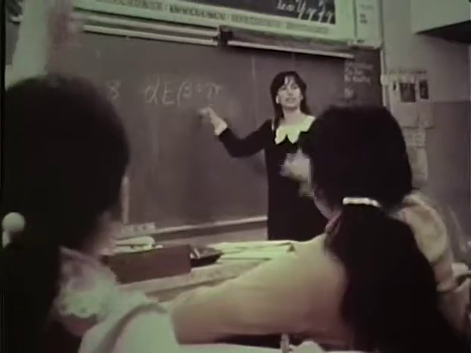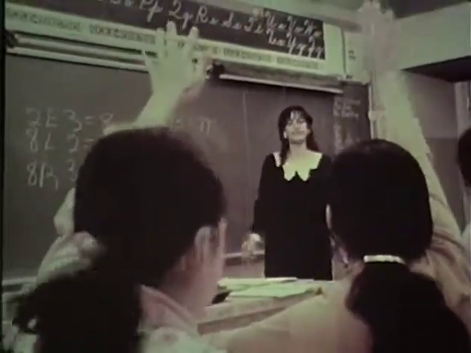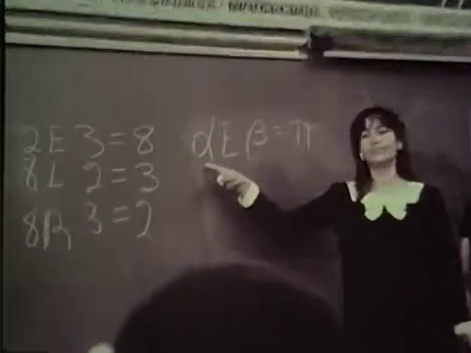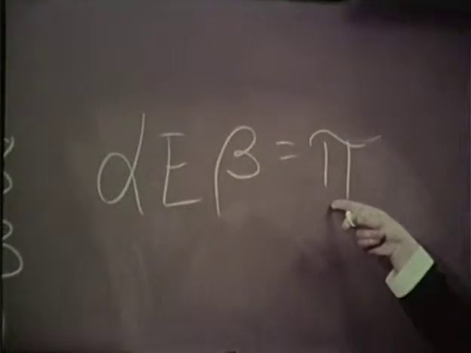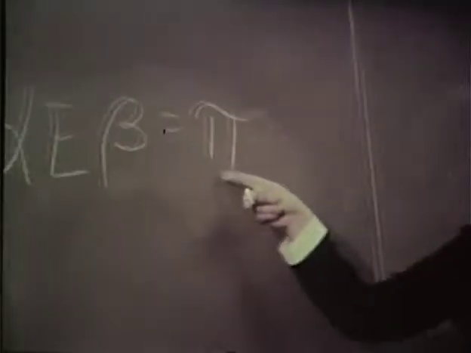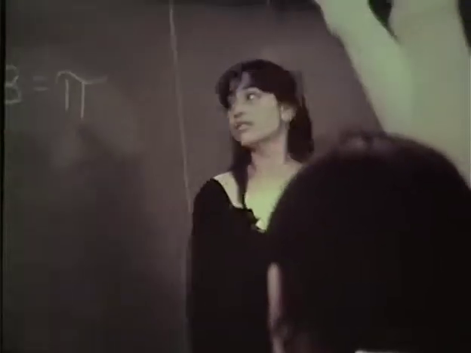I'd like somebody to read this for me, very loudly. Patrick. Alpha exponentiation beta equal pi. Very good. Who can undo this the left way? That's harder. But you can do it.